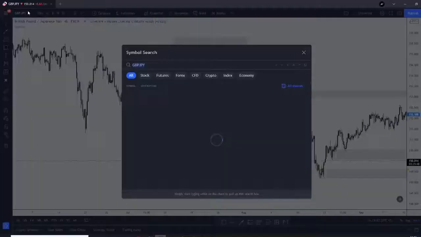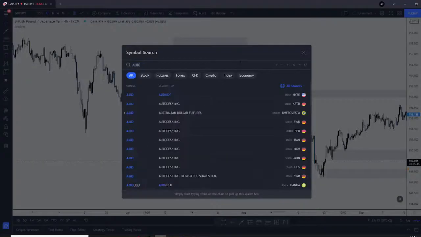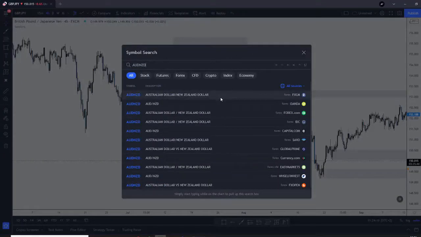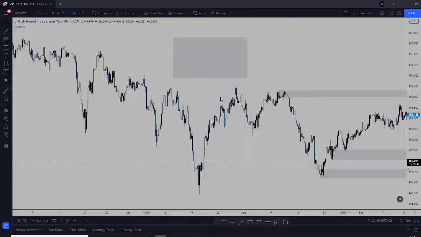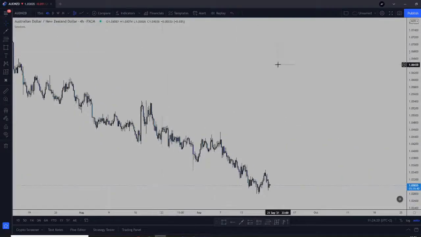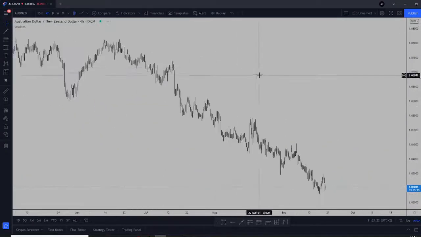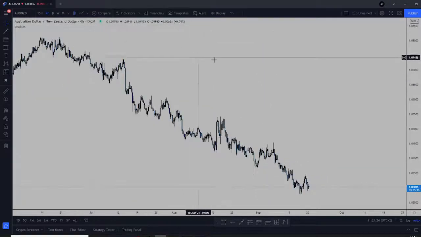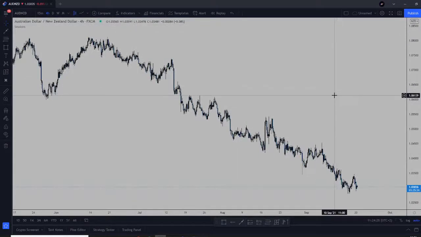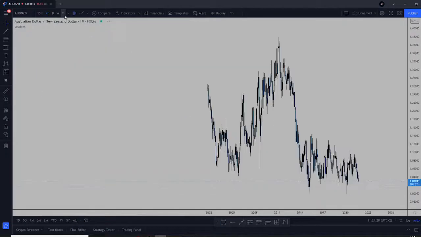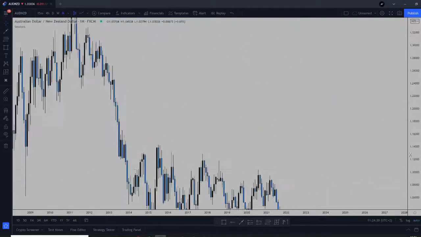We can take, for example, the pair AUDNZD. Those are two countries right next to each other. You can see that price is actually trendy, but let's look at the higher time frame. Here it's very clear, guys.